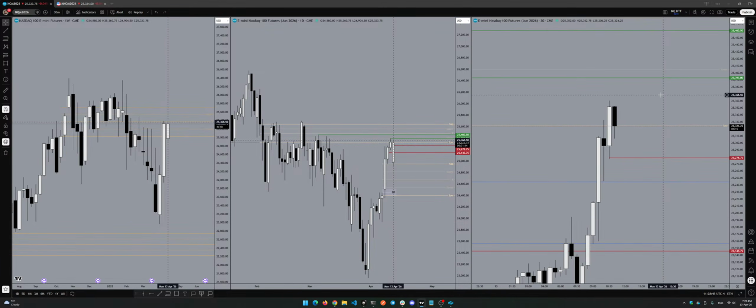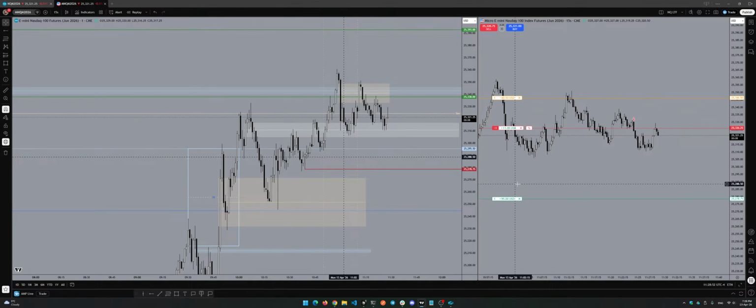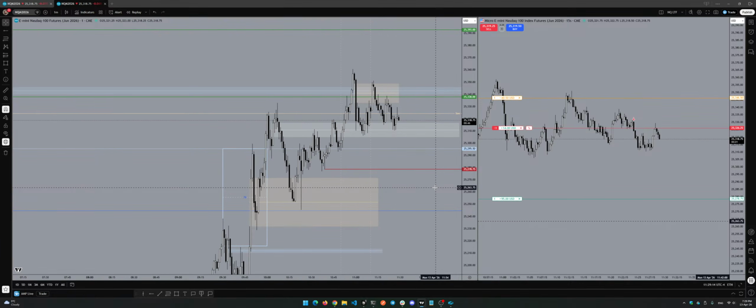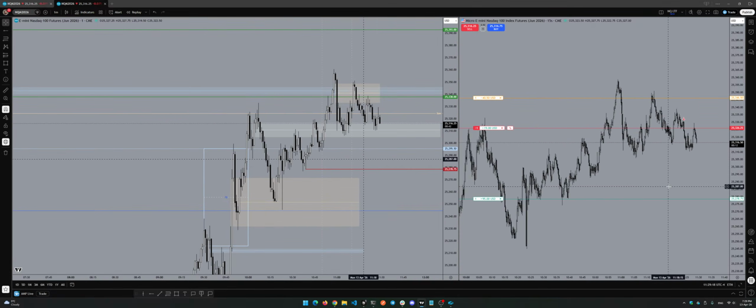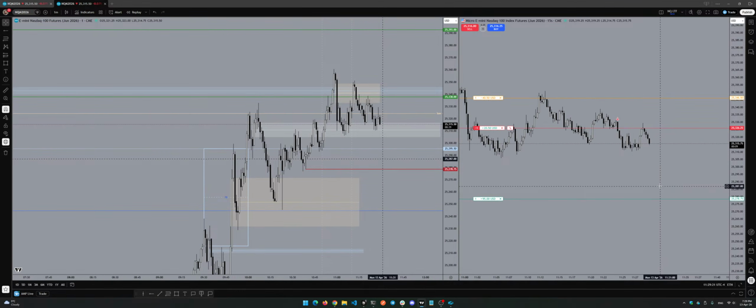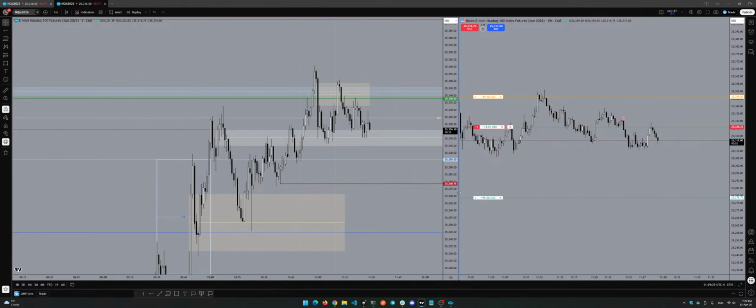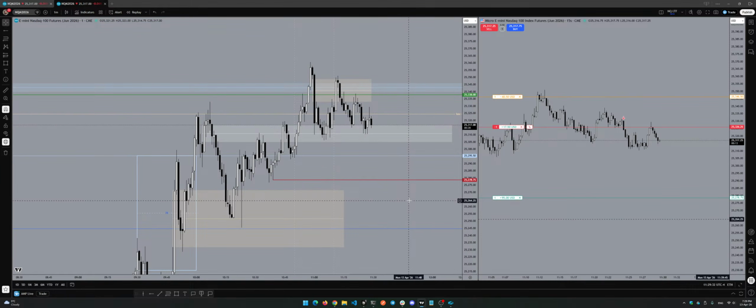The 30-minute candle, I'd like to see it close below this yellow line, the daily FVG low. I want this 1-minute to close inside, at least inside.